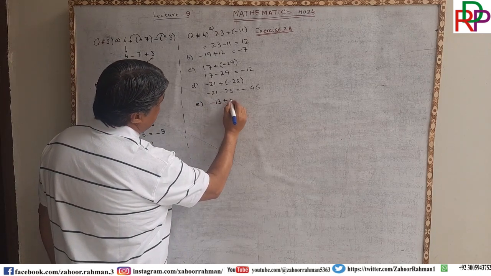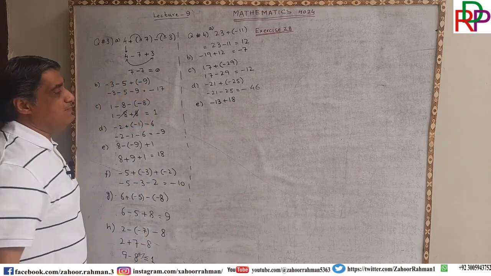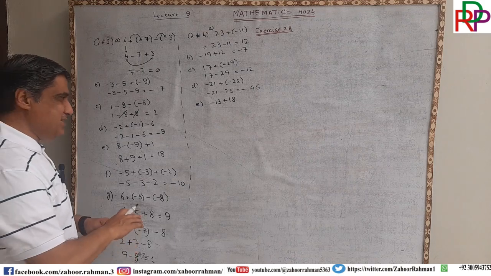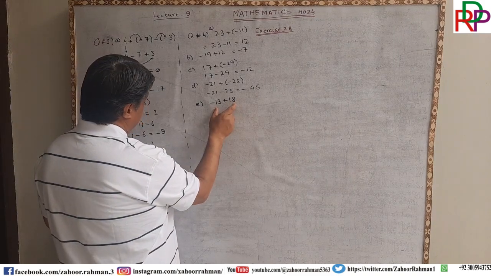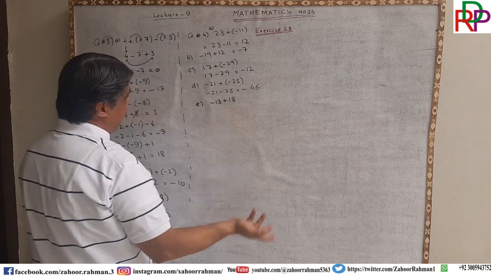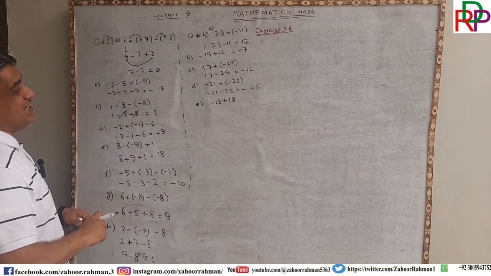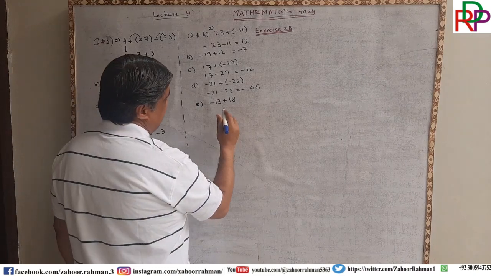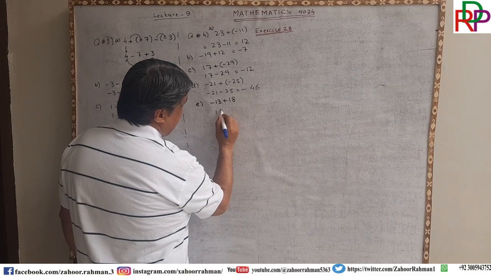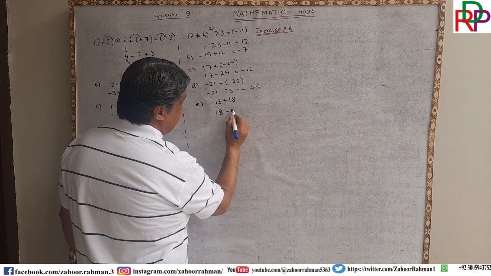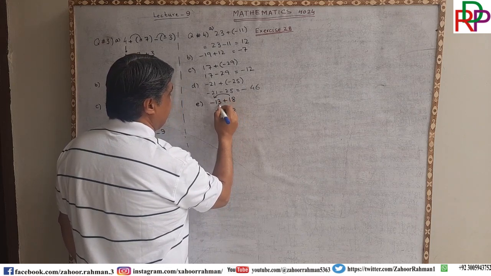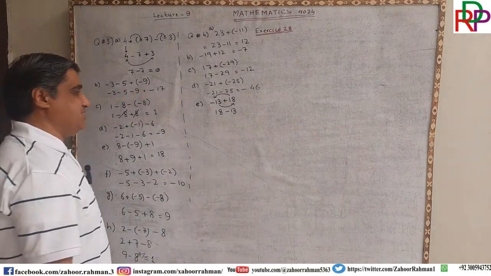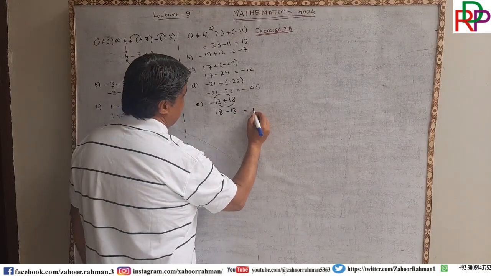Minus 13 plus 18. If you remember, I told you yesterday that these questions are easy, but when the order is changed, then the student becomes confused. If I write it like this, 18 minus 13, I brought it here, and minus 13 is shifted towards the right, and then this is 5.